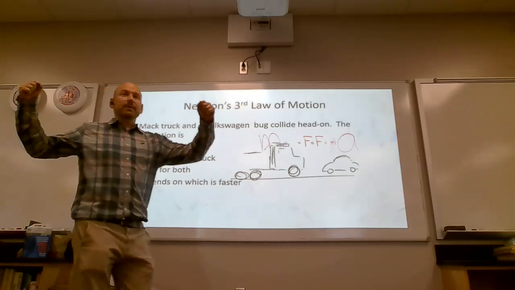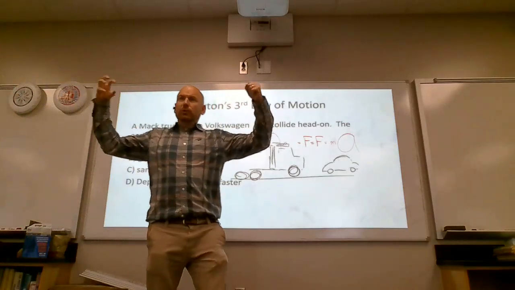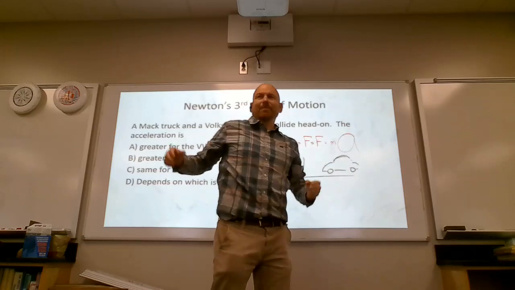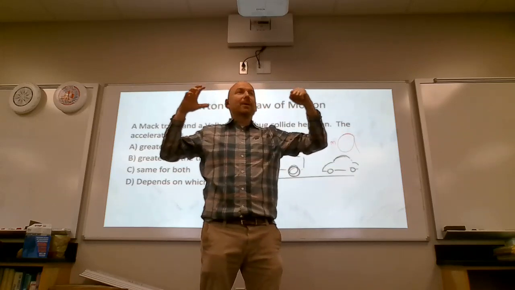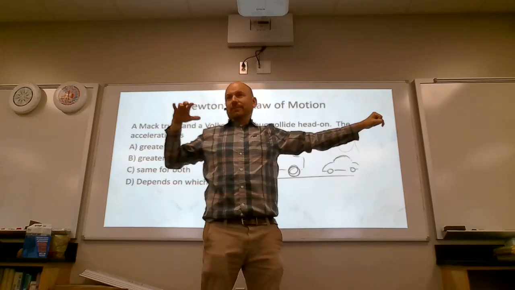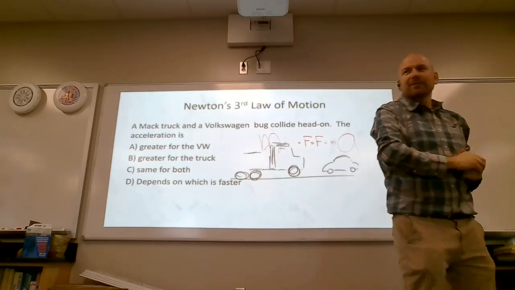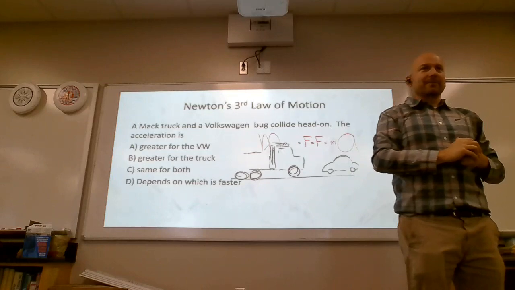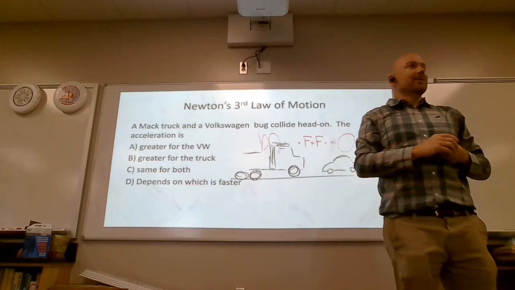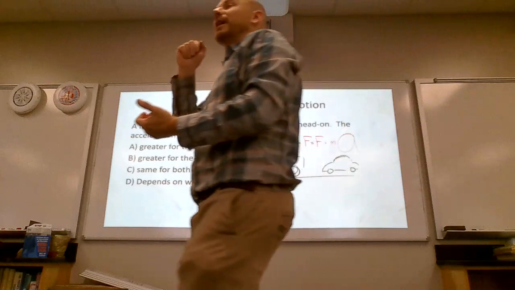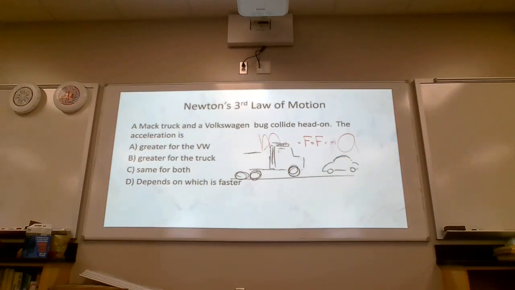So when this happened, it was like, okay, the Volkswagen Bug changed its direction. Versus the Mack truck was like, ooh, I think I hit something. Does that make sense? So they experience the same force, they just respond differently to that force based upon the mass of the object. Which one has more or less inertia? Good with that?